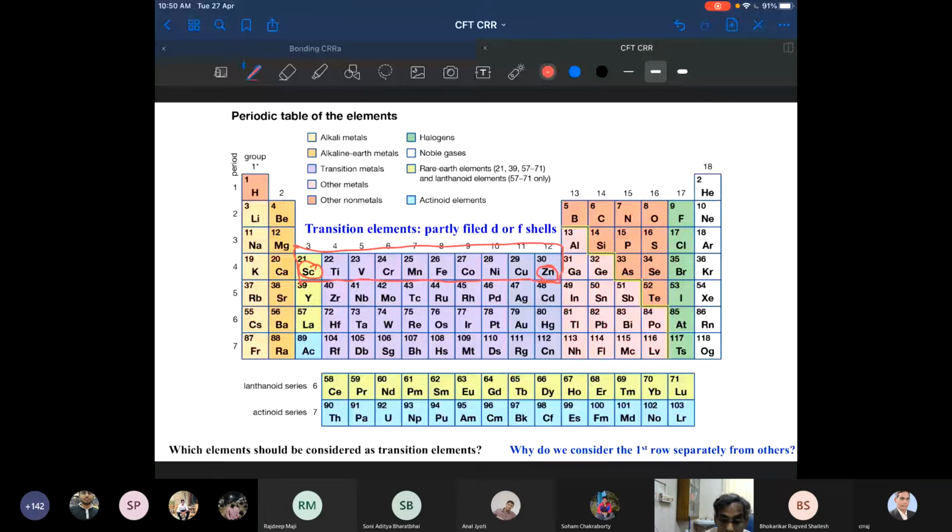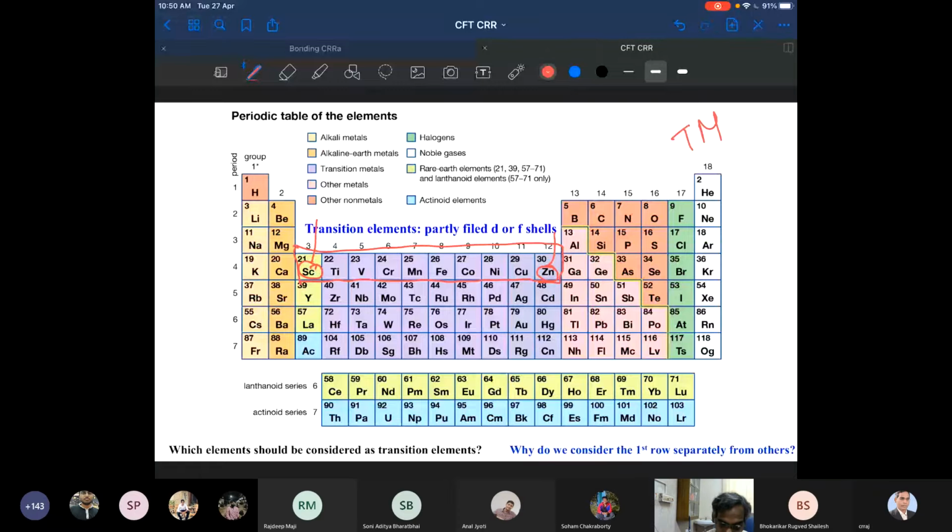Now, I don't call all of them, scandium to zinc, transition metals, TM, transition metal, simply because scandium and zinc are totally different. They are odd elements out. How do I say that? There's a definition for transition metal. A transition metal should have a partially filled d orbital in its stable oxidation state.